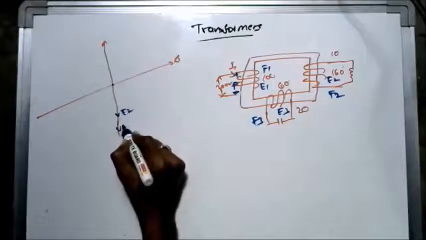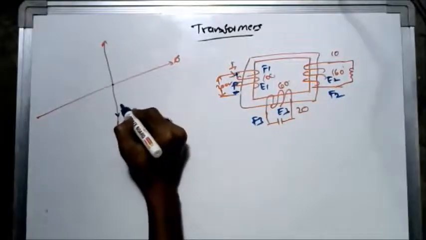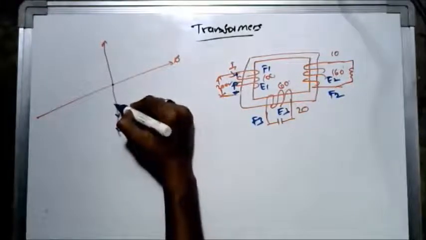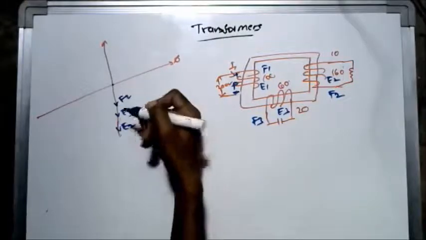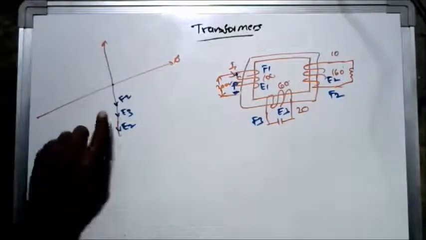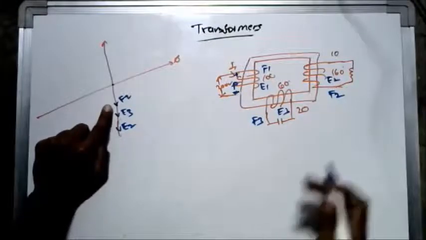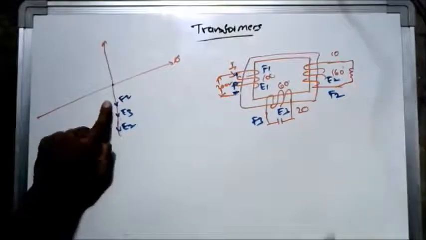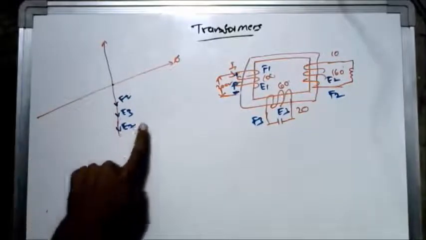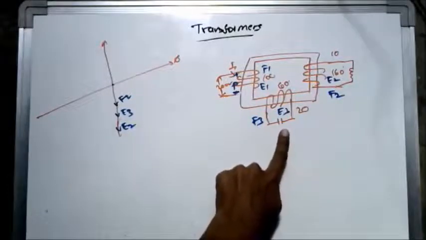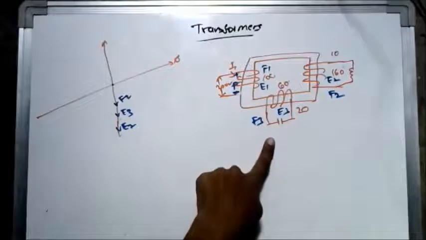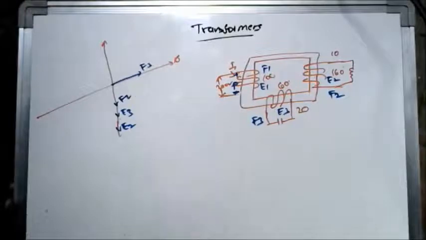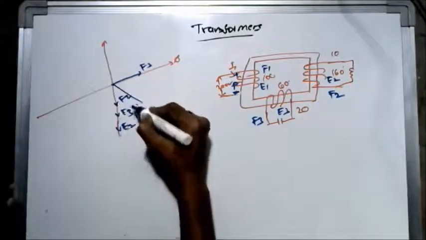Take E3, E2 and F2. F2 is in the same direction because the current is in phase with the induced voltage. But in the third winding, the current leads the voltage by 90 degrees, so we take F3 in this direction.